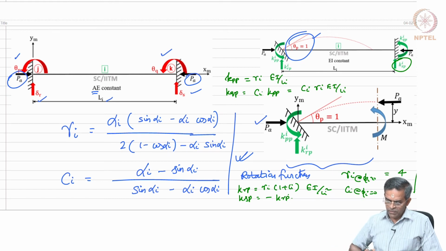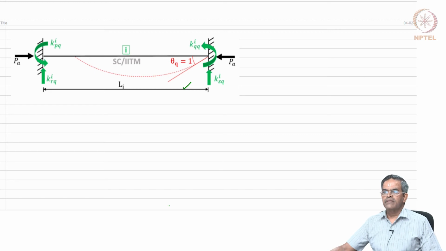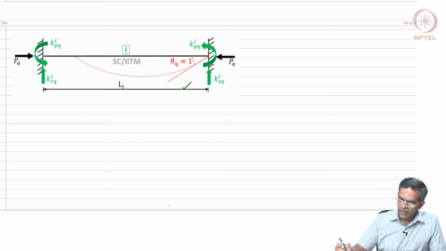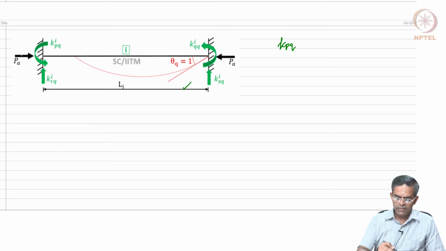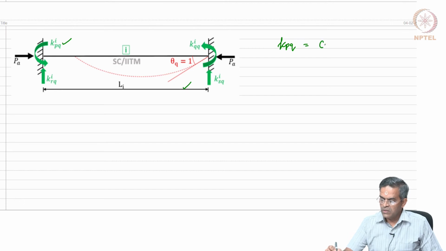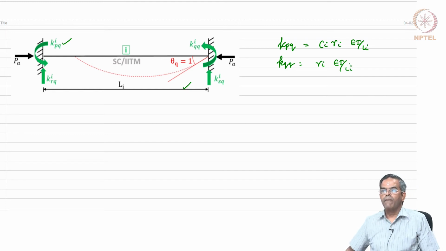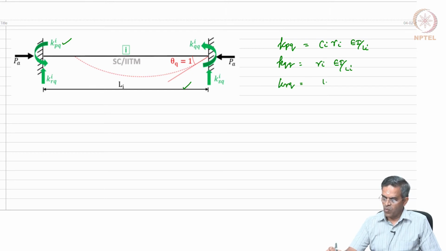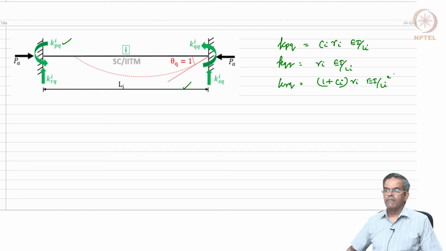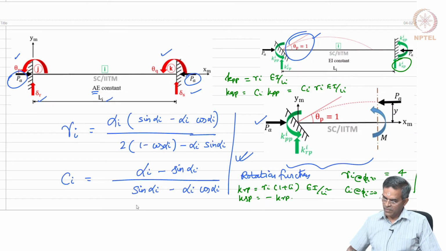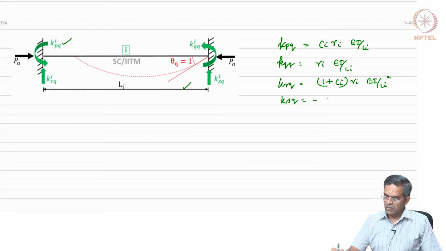Then we gave unit rotation at the k end and derived the stiffness matrix in the same way. Then KPQ is now Ci Ri Ei by Li, whereas KQQ is Ri Ei by Li, and KRQ is 1 plus Ci of Ri Ei by Li square, and KSQ is minus of KRQ.